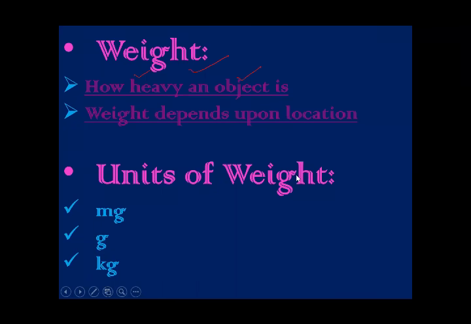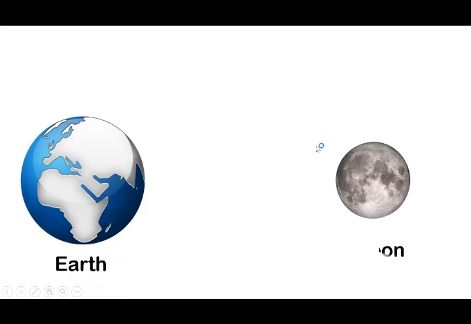Now next, weight depends on the gravitational force. That is, it is directly proportional to gravitational force. With the change in the gravitational force, the weight of the object changes, as shown here. A person standing on Earth will have a different weight when standing on the moon.